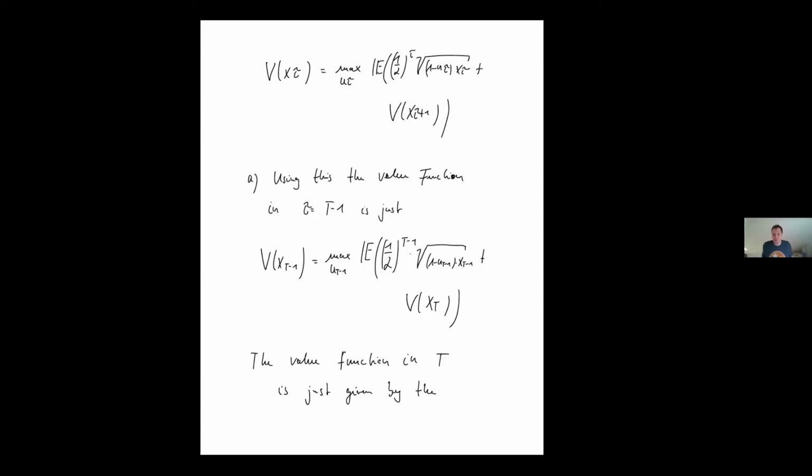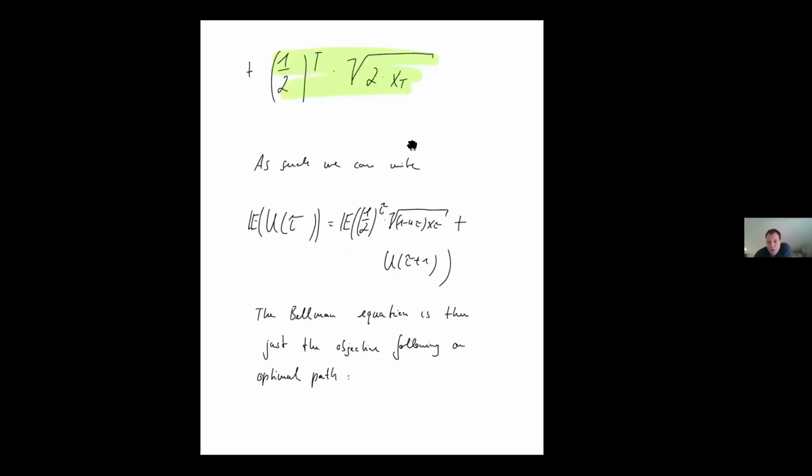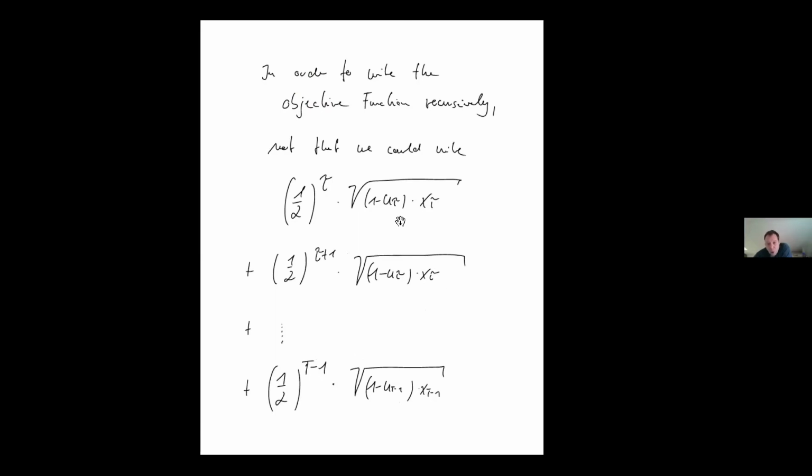And just a quick note on this discounting thing. Mark, we talked about that yesterday, right? So if you look at this objective function, you could think that you could extract the 1/2 to the power of tau and put this out of this sum. Then you would have just the square root plus 1/2 to the power of 1 of the square root, and so on.